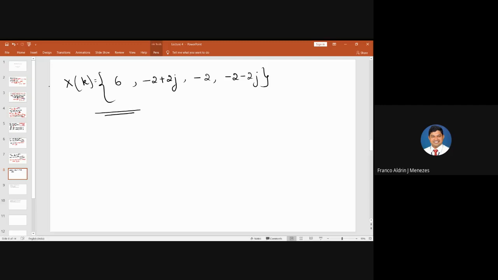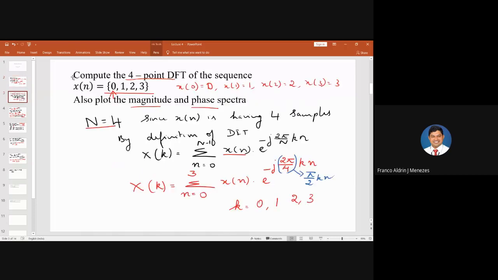So the first part of the problem we have done, which is nothing but computing the 4-point DFT of the sequence. The second part is to plot the magnitude and the phase spectra.